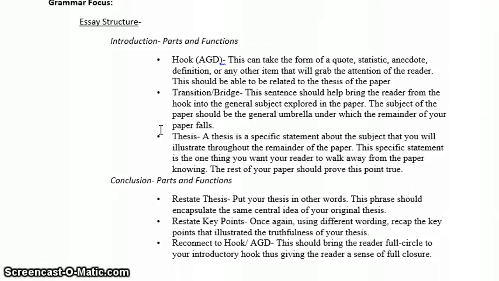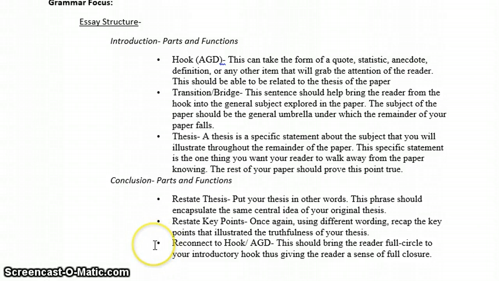It's not necessary for most of the essays that you're going to write in my class, but if you're looking at an extended project, above 5-10 pages, you might think of that as an option that will help your reader navigate through the work. Finally, your conclusion should reconnect your hook.